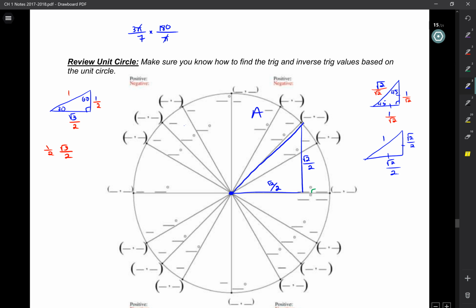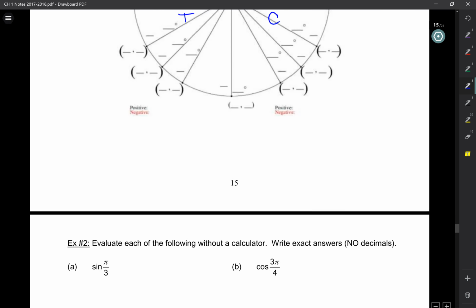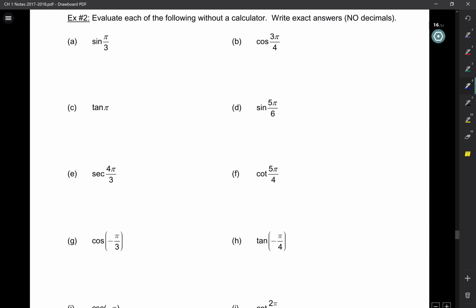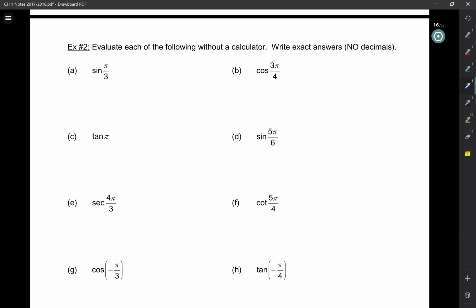What functions are positive in the second quadrant? Just sine. In the third quadrant, tangent, and here, cosine. And now finally that statement is true: you guys are officially All Students now. Okay. So evaluate each of the following without a calculator, no decimals.